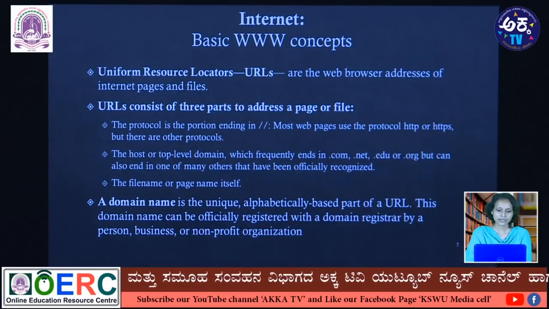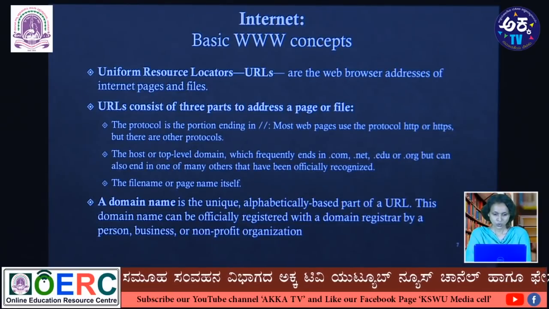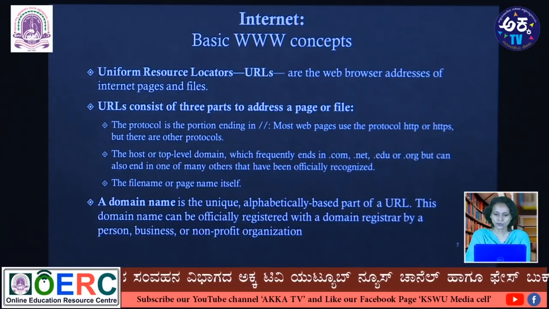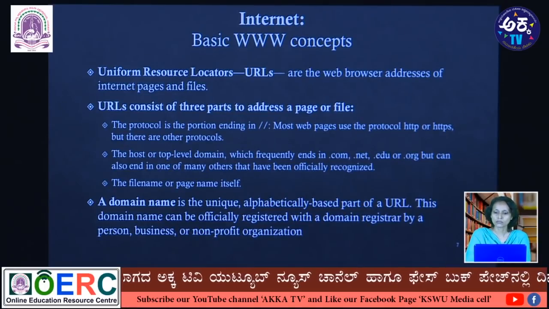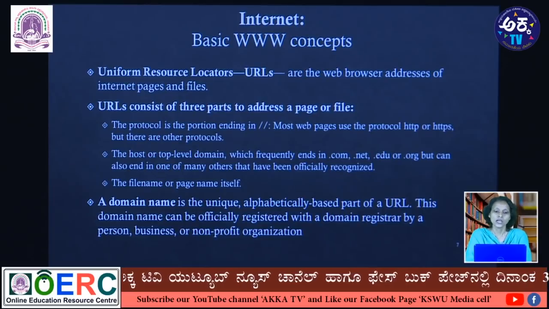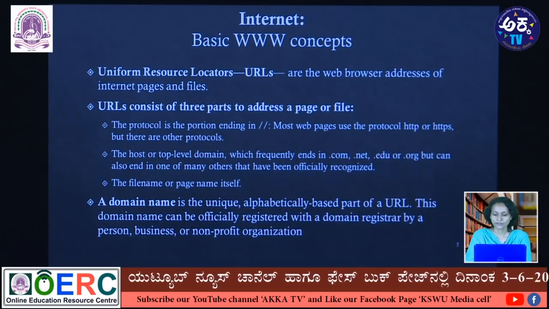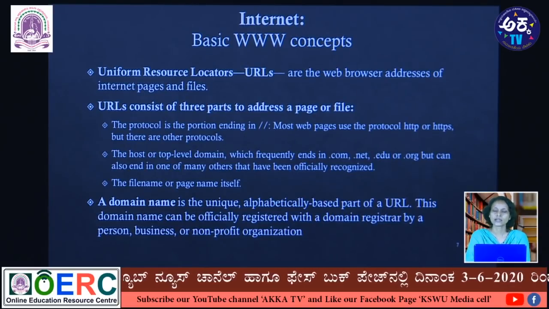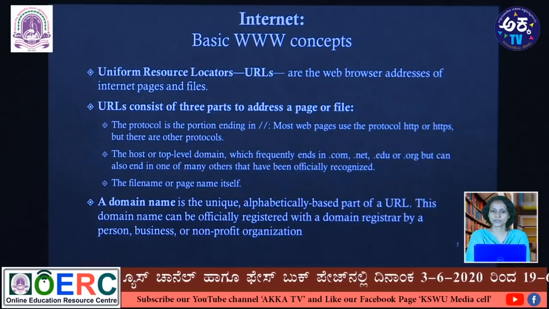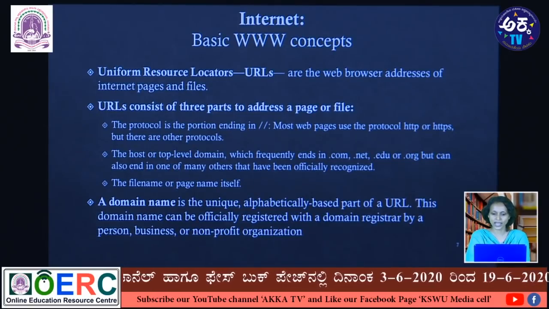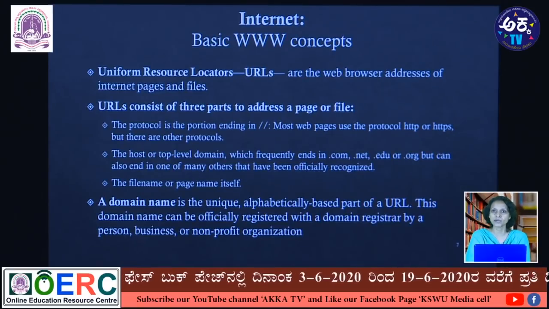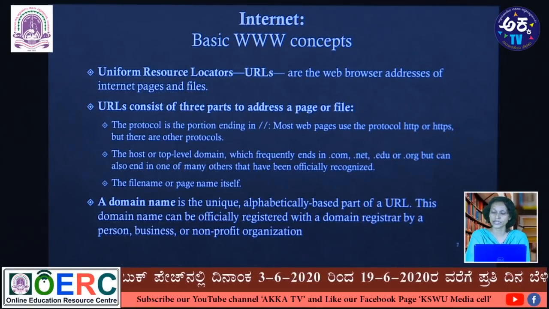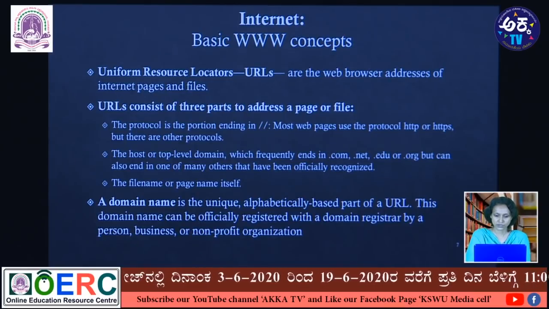The second part is the host or top level domain that usually ends with .com, .edu, .in. In the website address which starts with https://KSWU, it is the name that is defined by you while registering your website to the web server.